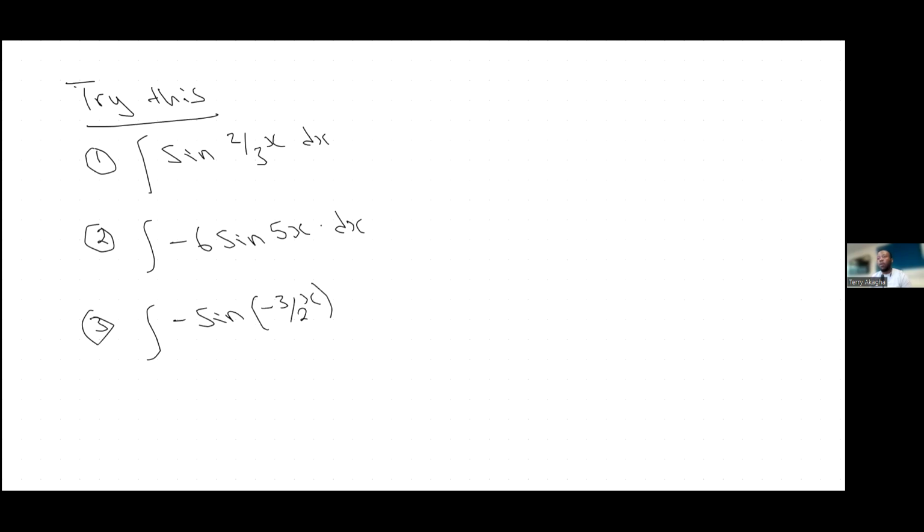And number 4, integrate minus sine of minus 5x plus 3 with respect to dx. Okay, so I want you to solve this. You can put your answers in the comment section and let's see what you get.